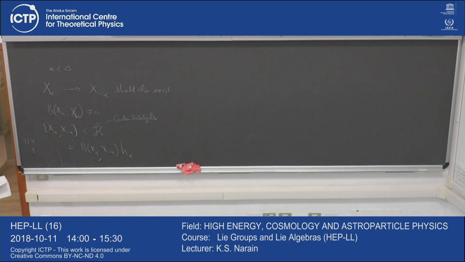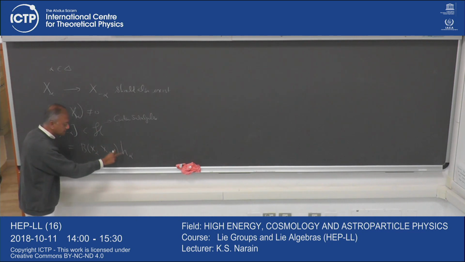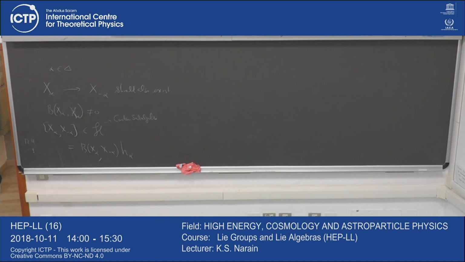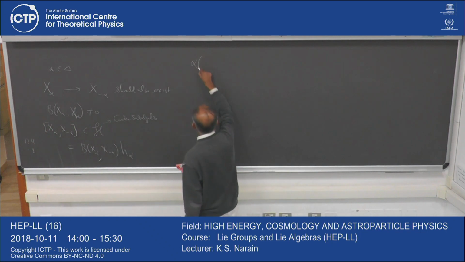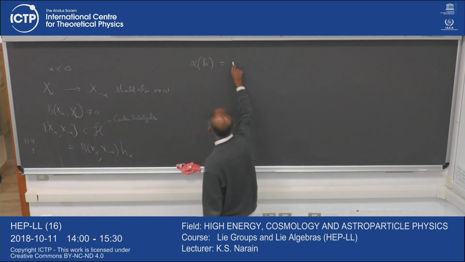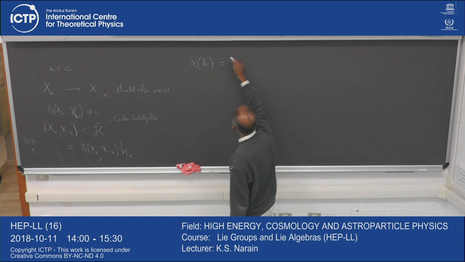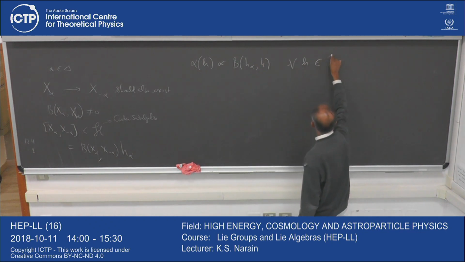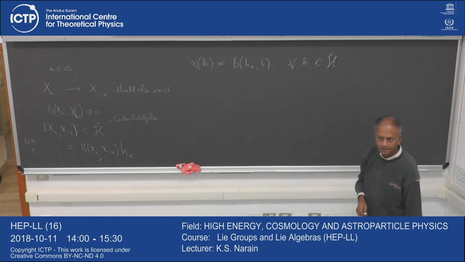You see, this is the co-root which we had defined earlier. So it is not just some arbitrary element of H; it is this very specific element. You remember the co-root was defined by saying that alpha(H) is proportional to B(H_alpha, H) for all H belonging to the Cartan subalgebra.